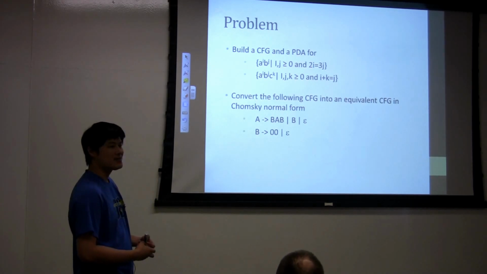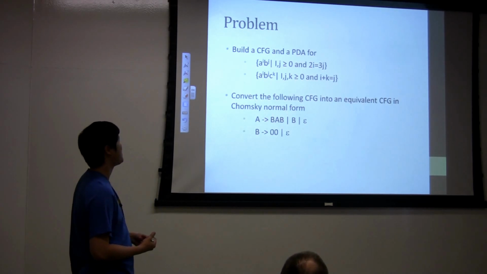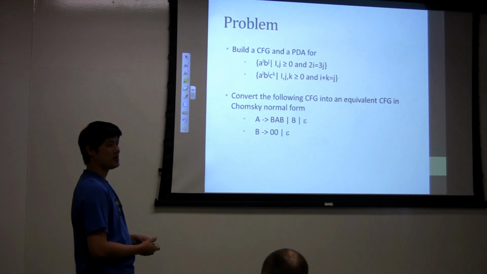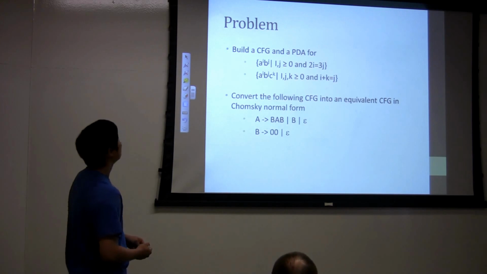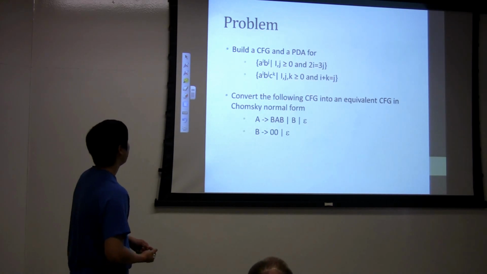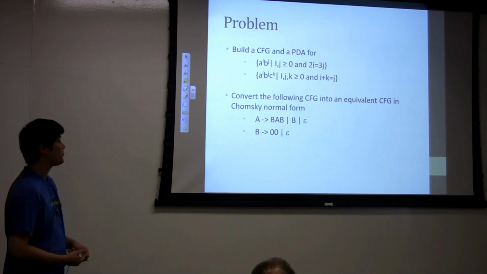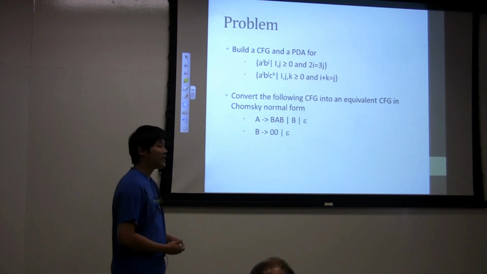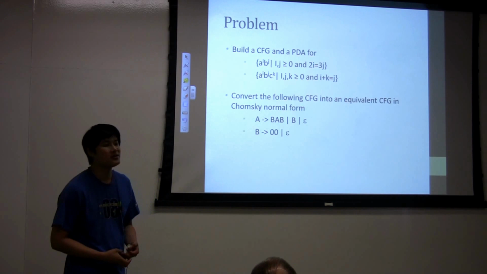Some of you asked last time, how do we do a context-free grammar for complex conditions like some arithmetic, right? This is the way that I will approach this problem. First, i and j must be integers.